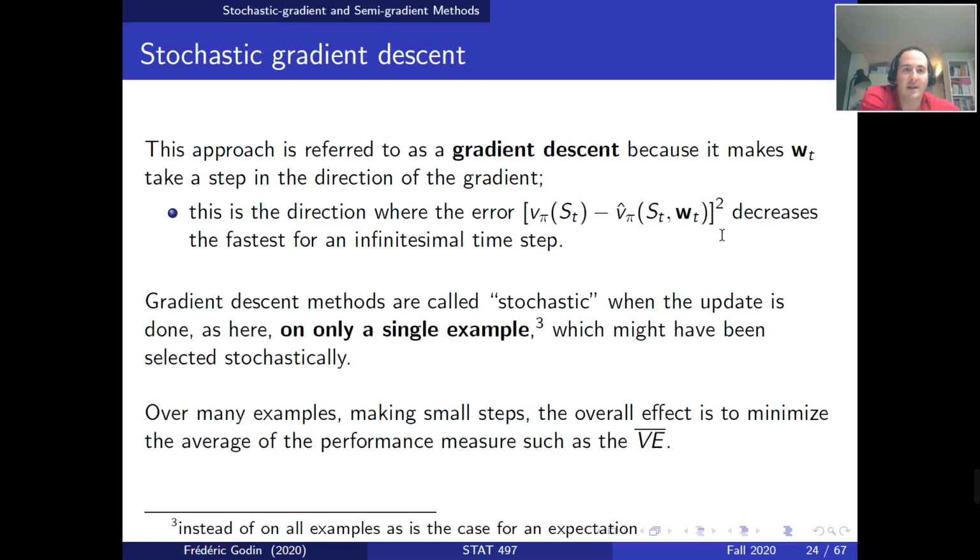And why stochastic gradient descent? The word stochastic means that we don't have the true gradient, so we replace the gradient by a noisy estimate, where in the presented case the noisy estimate is simply one single instance of the random variable within the expectation. We don't have the true gradient of the objective function in our algorithm, we only approximate it.